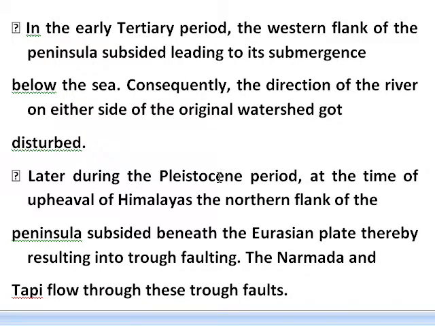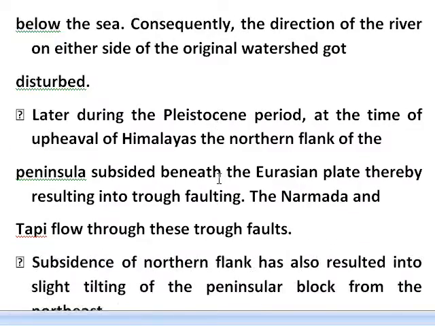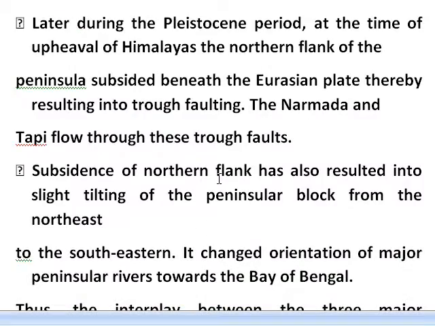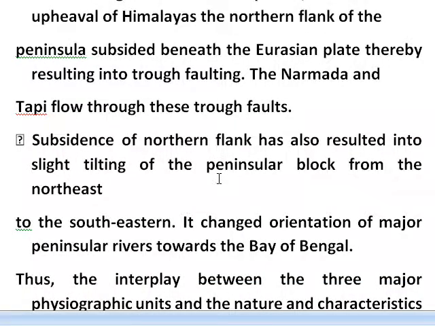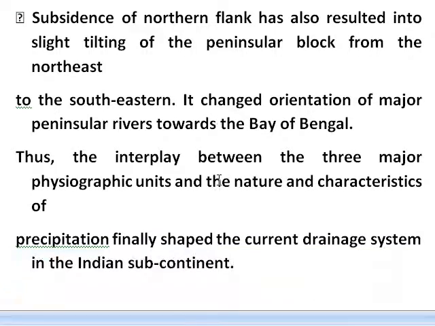Later, during the Pleistocene period, at the time of the upheaval of the Himalayas, the northern flank of the peninsula subsided beneath the Eurasian plate, resulting in trough faulting. The Narmada and Tapi flow through this trough fault.